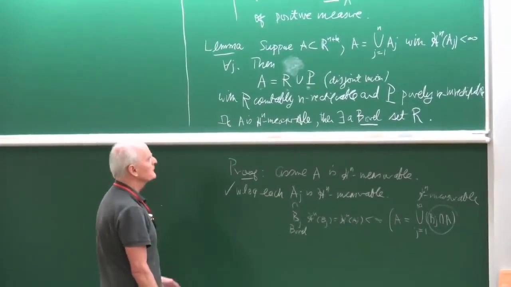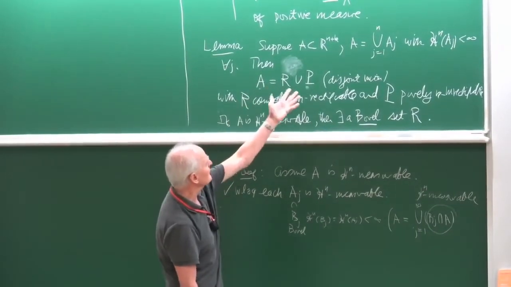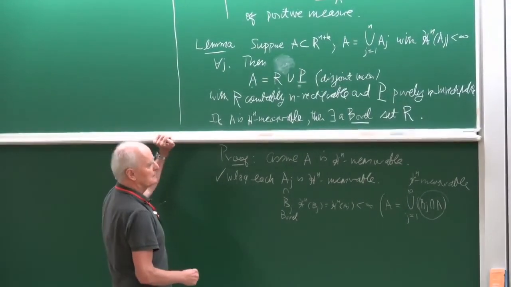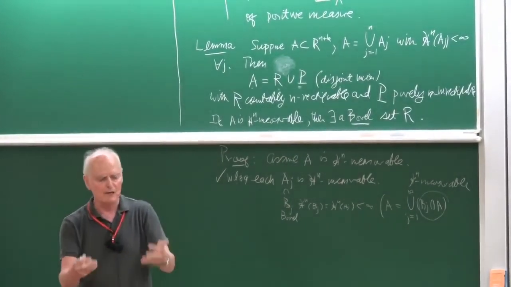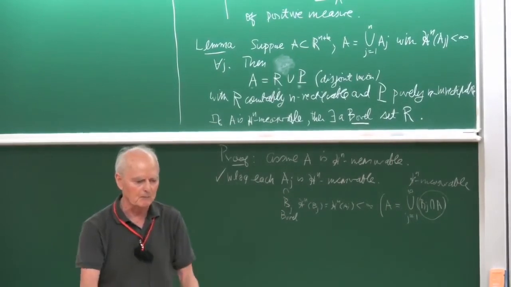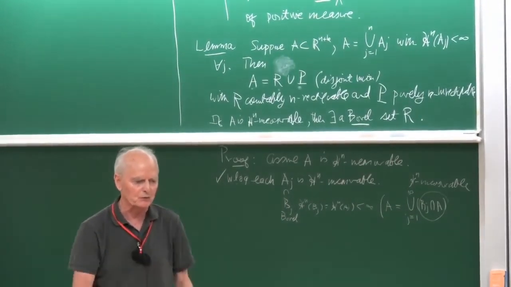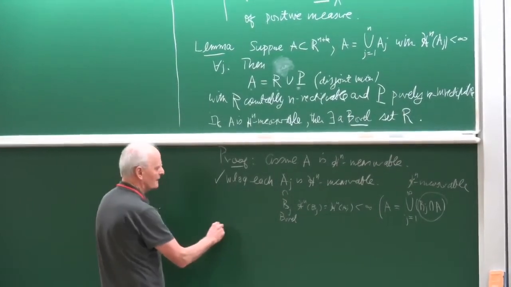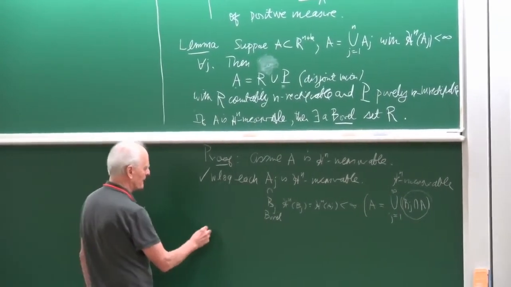Now we're going to prove that we can decompose like this. The idea is that you want to split off as much of the countably H^n rectifiable stuff as you can, in some sense. So we're going to work with these A_j's, which are now measurable.